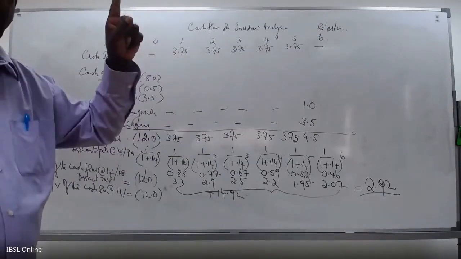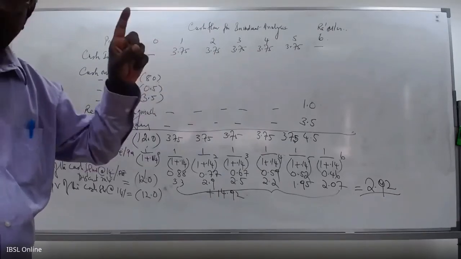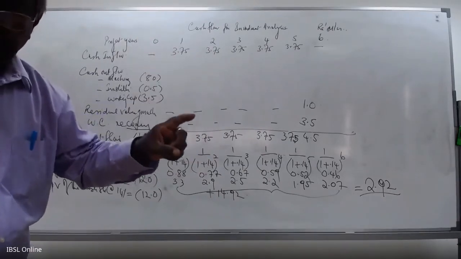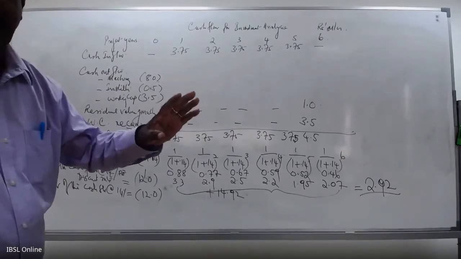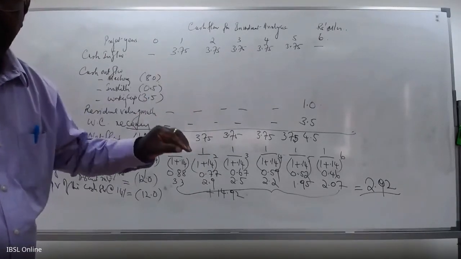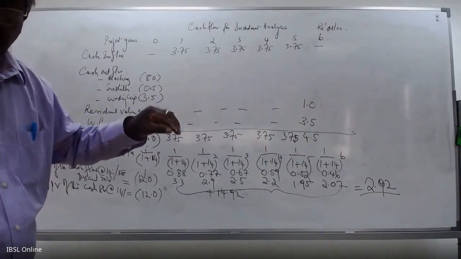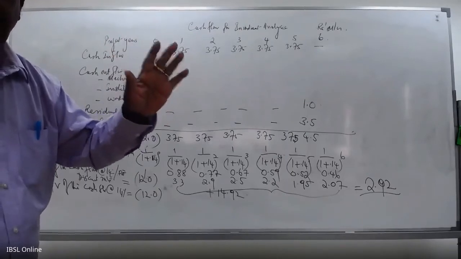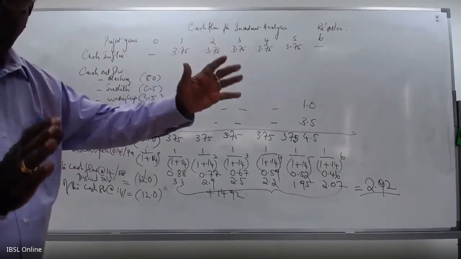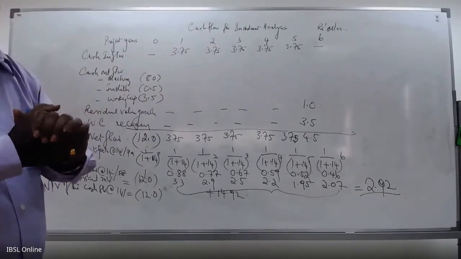You calculate until you get a negative NPV. Then you use both values to calculate the IRR.